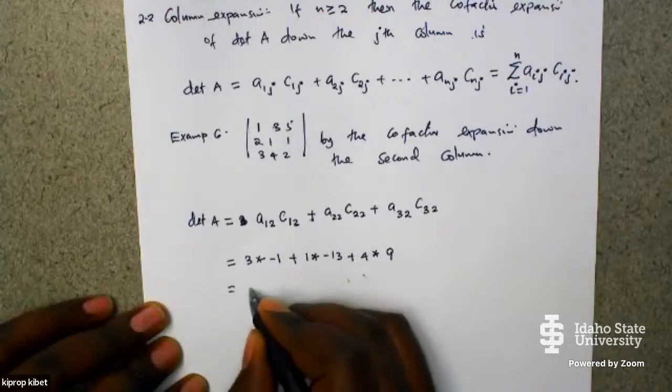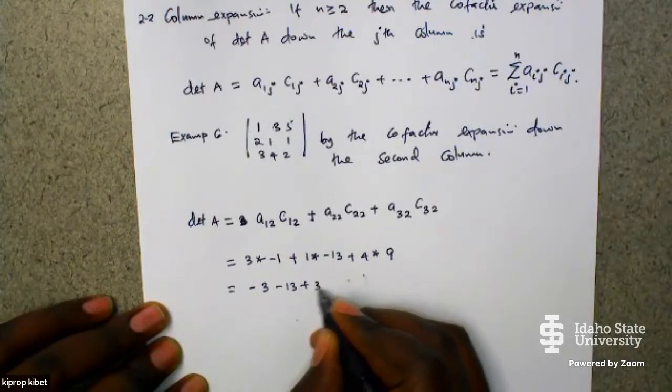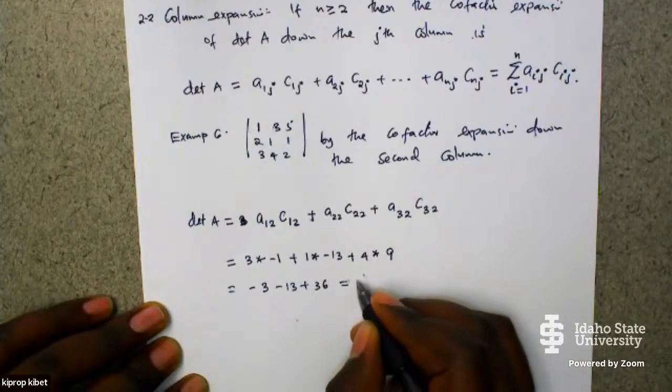This is equal to minus 3 minus 13 plus 36, which is equal to 2.